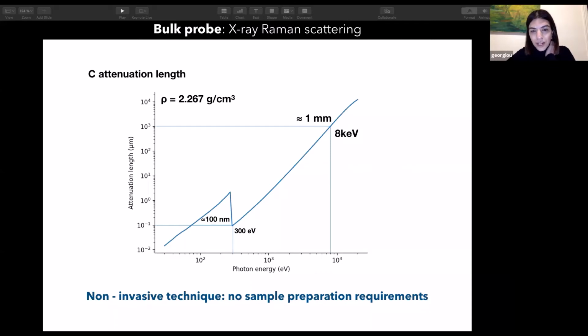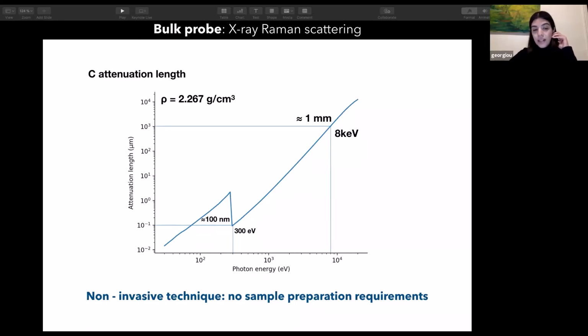Okay, so if we are looking at the carbon K-edge at 300 eV, this is a penetration length of 100 nanometers. But what if we have a probe of hard X-rays that can really go in depth in our sample? And that's the case for X-ray Raman scattering.